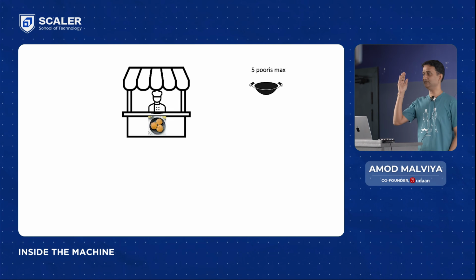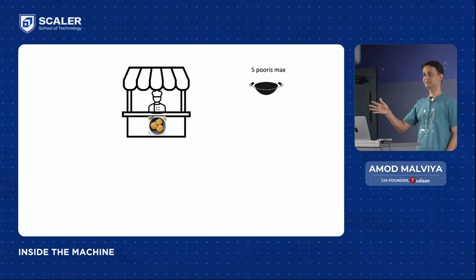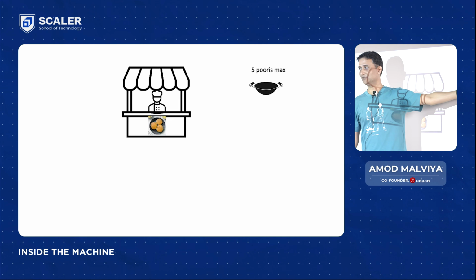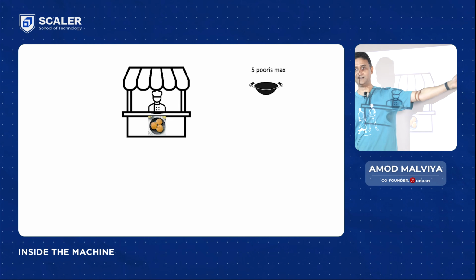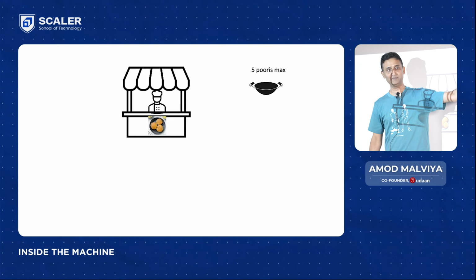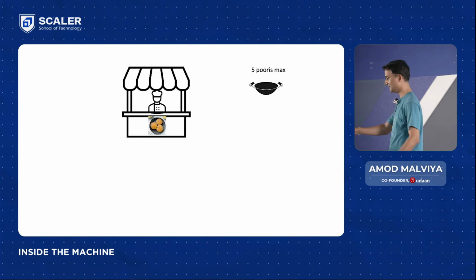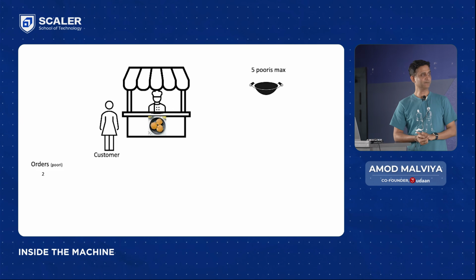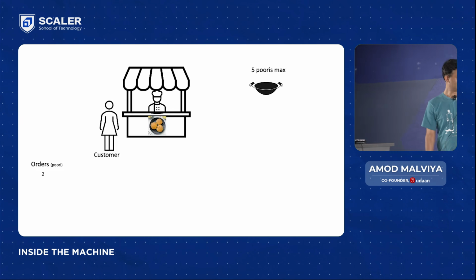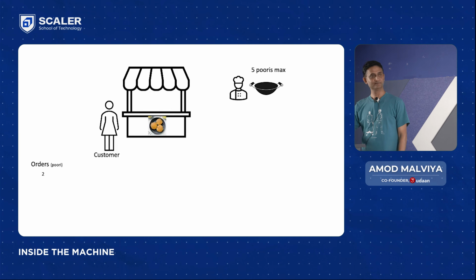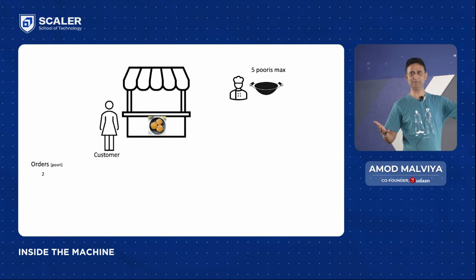Let's say you started a food stall where you are making puris. This stall has a kadai, or what do you call it, a wok in English, right? At any given point in time, maximum 5 puris we can actually put in the oil. Let's say a customer comes in and orders 2 puris. It's a one-person stall.